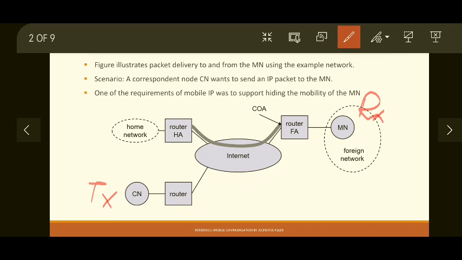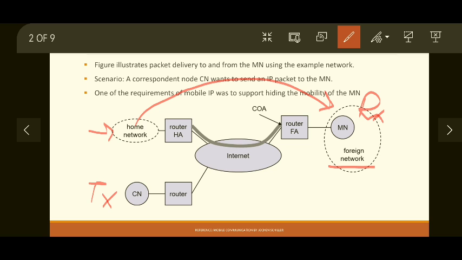Now one of the requirements of mobile IP is to support hiding the mobility of MN. As you can see, the mobile node currently is in a foreign network. That means it actually belongs to the home network, that is this network, but currently it is residing in the foreign network. This movement from home network to foreign network should be invisible to the correspondent node. That was the requirement.